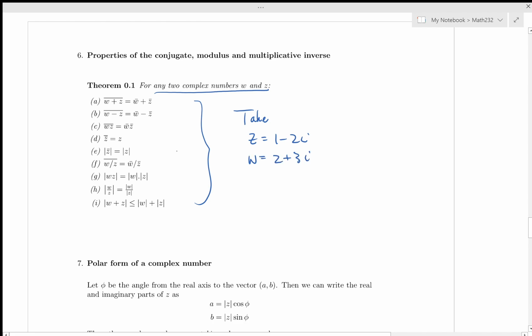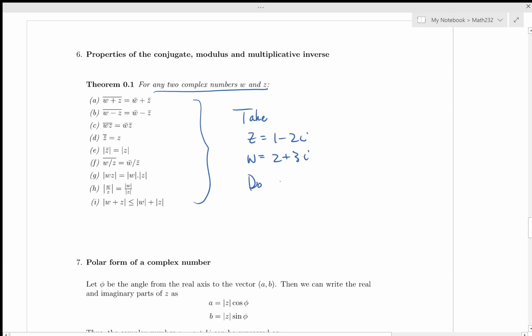Do all these computations on the left-hand side and the right-hand side, and at least show yourself with this example that these statements are true. That will also ensure you can do all the calculations, understand the arithmetic so far, and get some practice with these things.